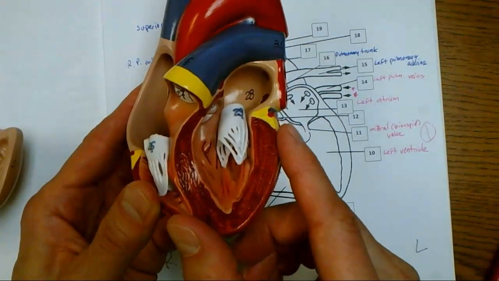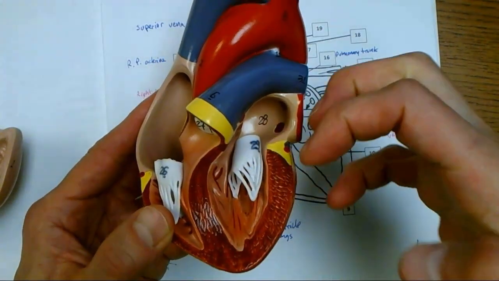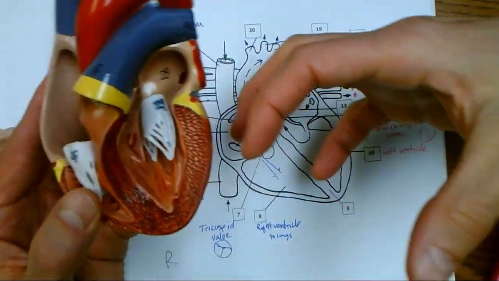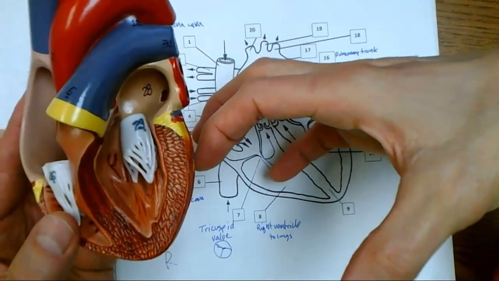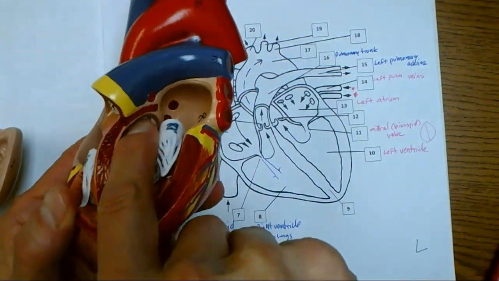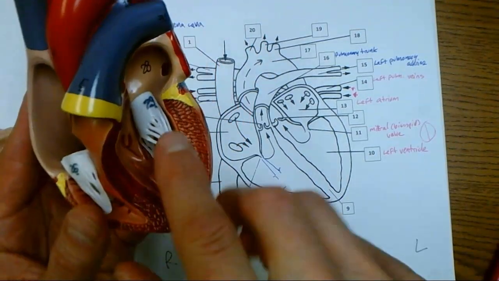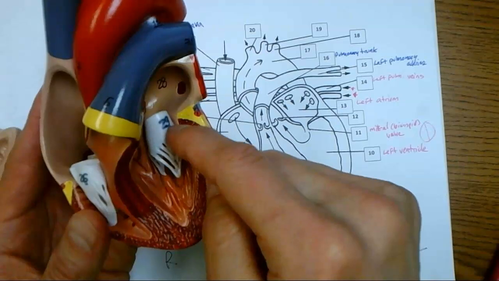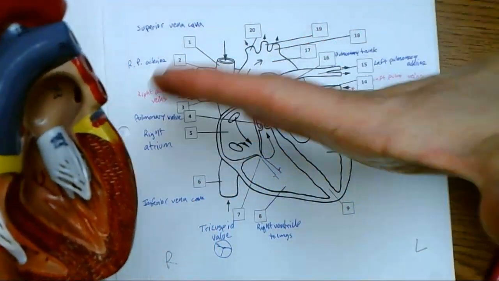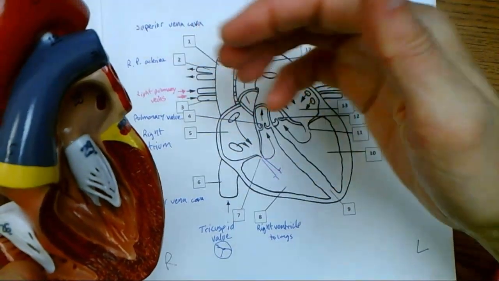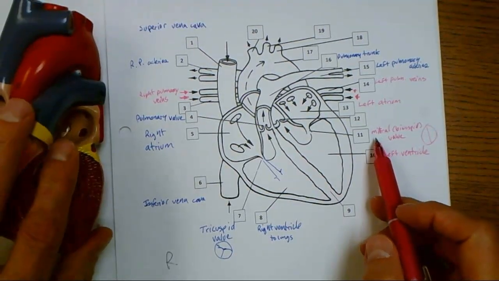So this contracts with tremendous force, and like parachute strings, they hold the cusps of the valve from going back. So they hold them like this. The blood is forced into the aorta here, which we'll talk about in a sec. So it does not backflow into this because these strings hold the bicuspid valve closed in this configuration instead of like this, where blood would come back through. Okay, so that's the mitral or the bicuspid valve.